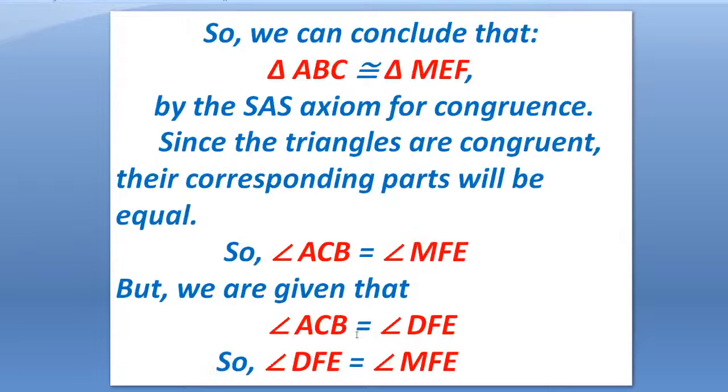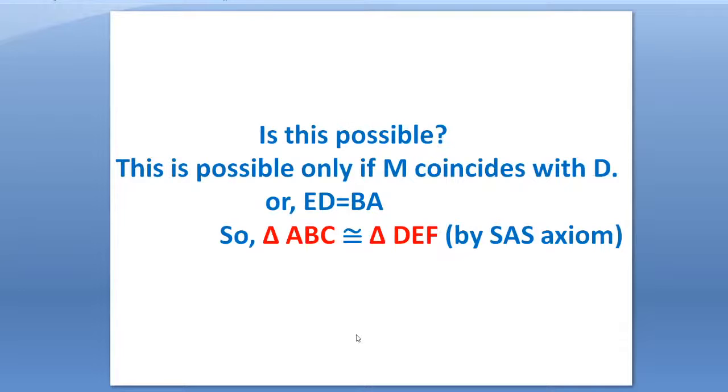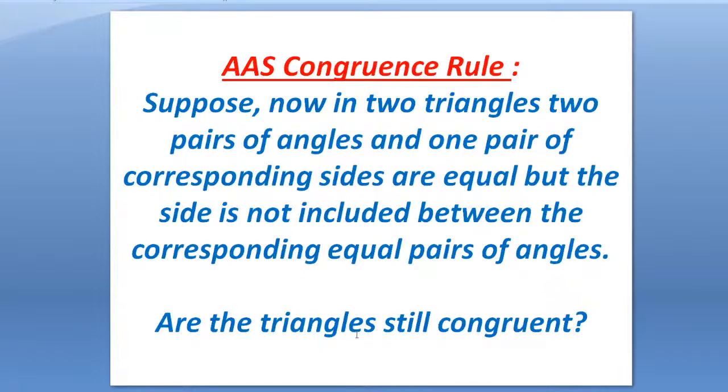By SAS rule for congruence, since the triangles are congruent, their corresponding parts will be equal, so angle ACB is equal to angle MFE, and ACB is equal to DFE is given, that means DFE is equal to MFE. This is only if M coincides with D or AD is equal to BA, and that's why triangle ABC is congruent to triangle DEF.